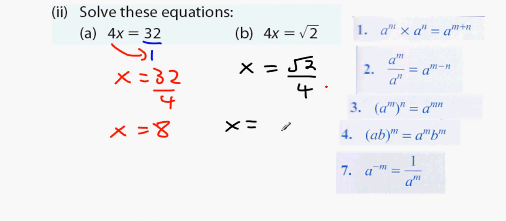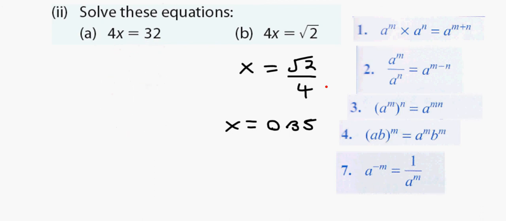You could also use algebra to do this. We could say that x equals root 2 over 4. We could also say that's x equals 2 to the power of a half divided by 2 to the power of 2.